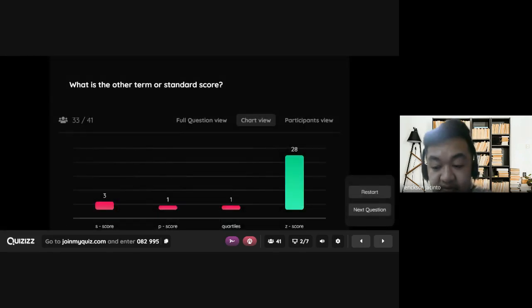So, the other term is z-score. May nakasagot pa rin ng S-score, P-score, and quartiles. The answer is z-score.